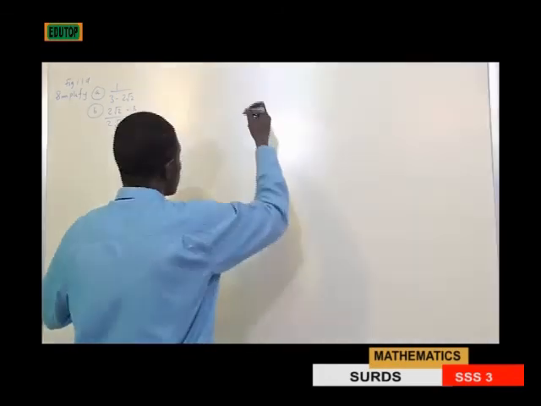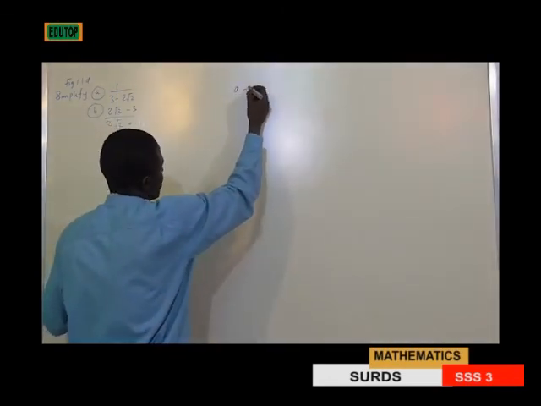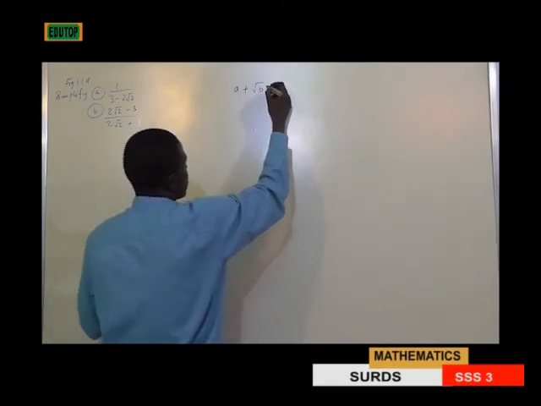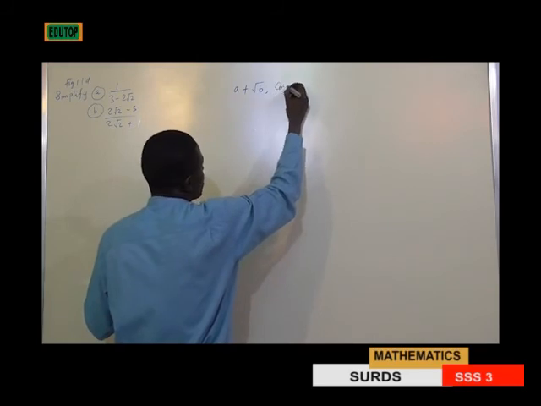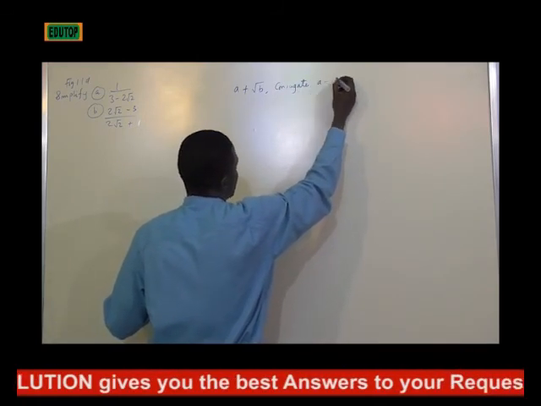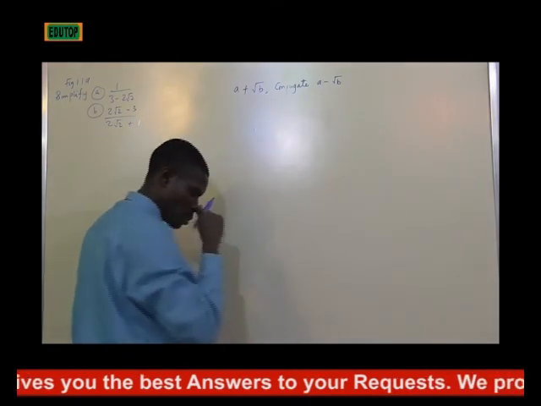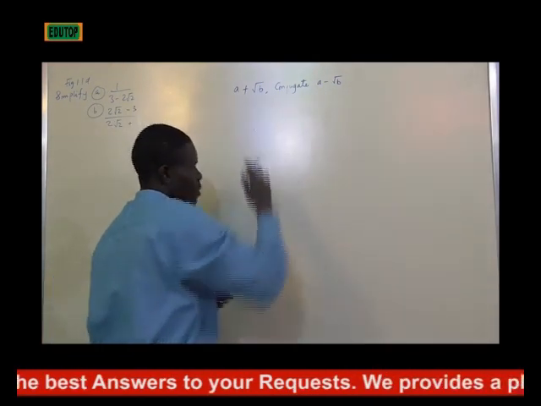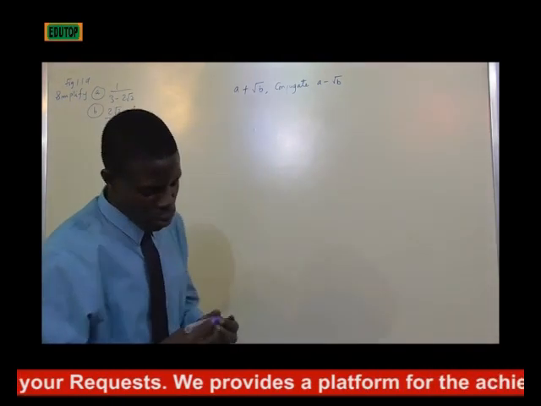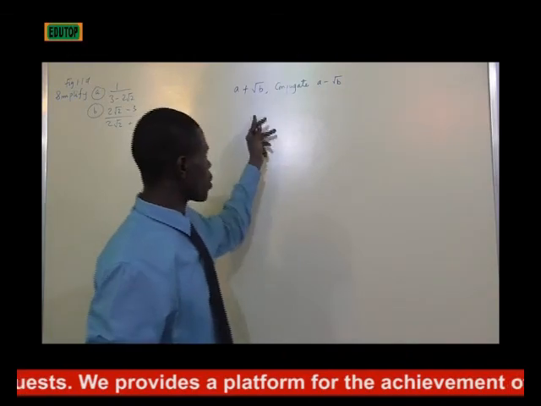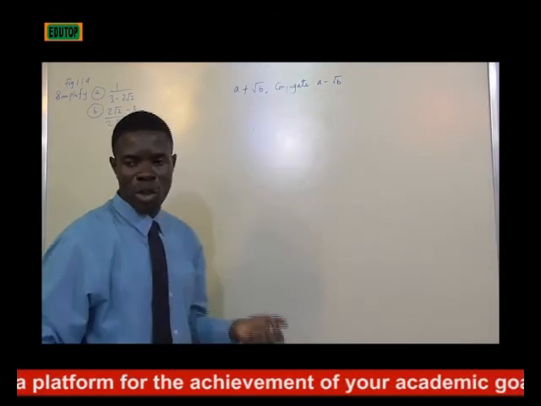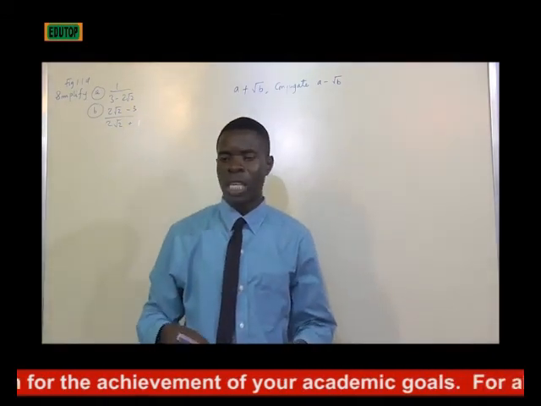So the conjugate of a plus root b will definitely be a minus root b. So this is the conjugate of this. We are also made to realize that when a surd and its conjugate are multiplied, the resulting product is not a surd.